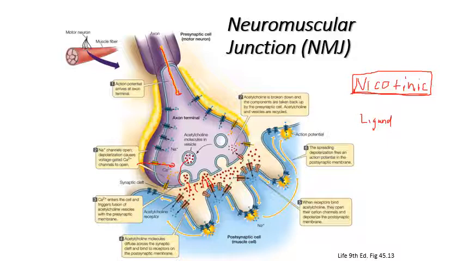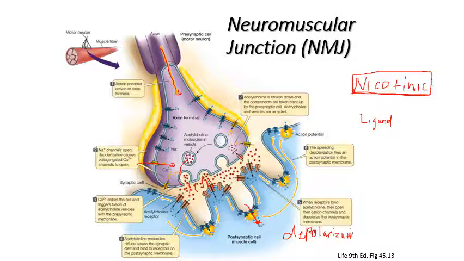So what's going to happen in this case? You can see this allows sodium. So if sodium rushes in, what's going to happen to the cell? Yeah, we're going to get depolarization of the cell.